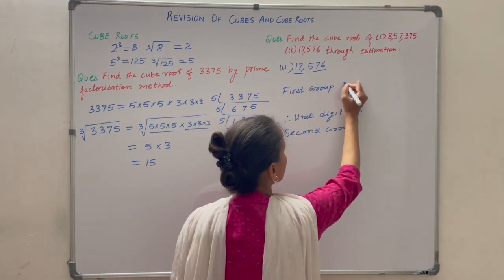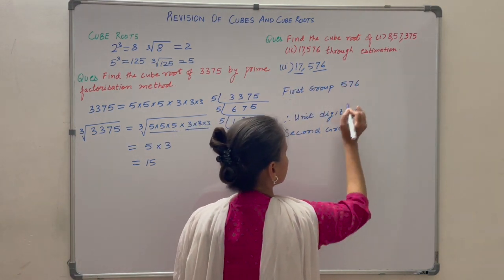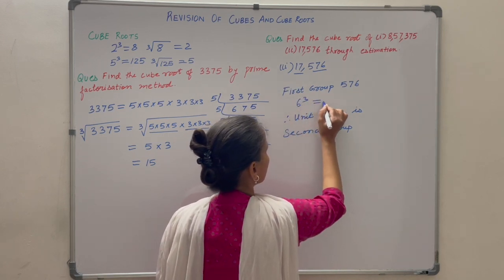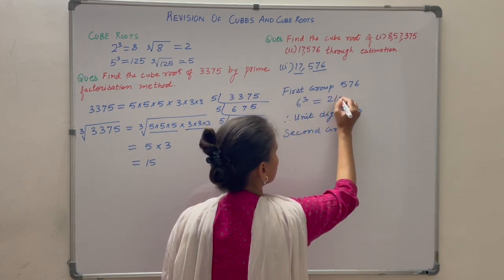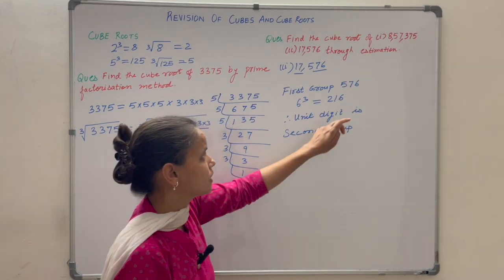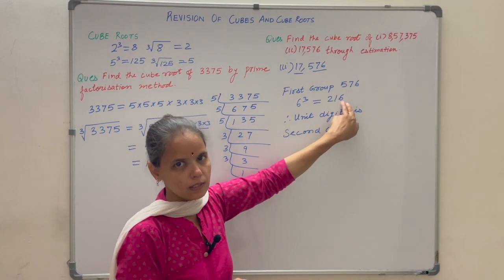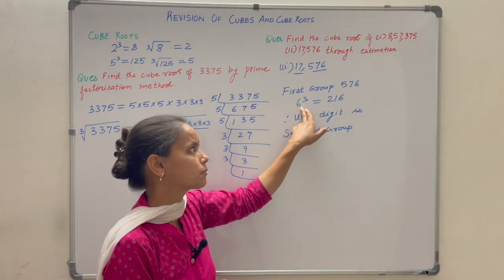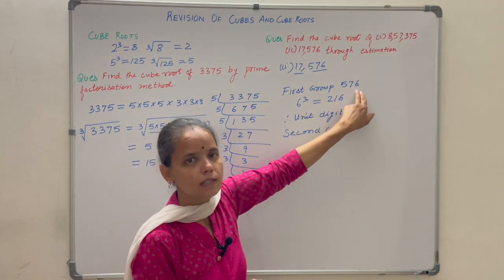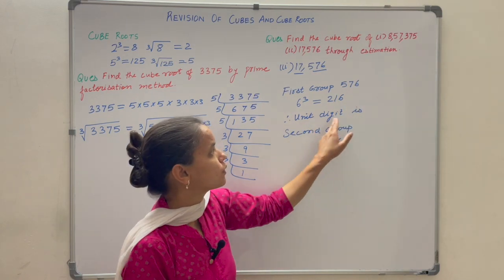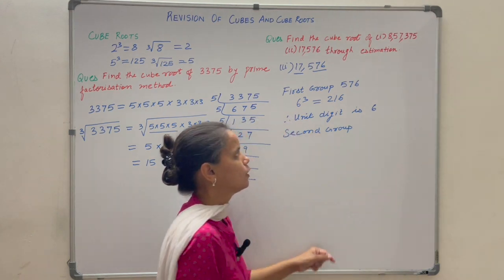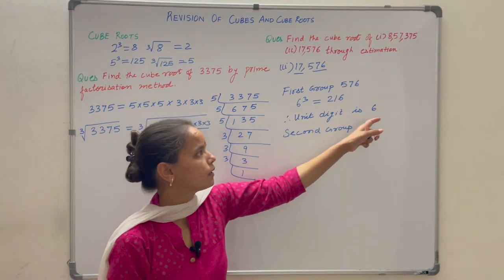So in the first group, you have got 576. And what is the cube of 6? You have got 216. So you can see the cube number ends with 6, so the cube root has 6 in the units place. Therefore the unit digit of the cube root of the number is 6.